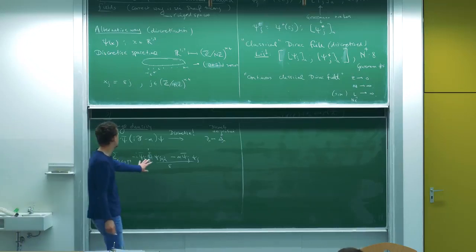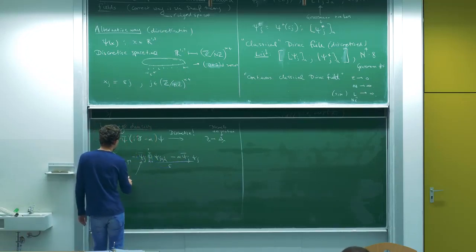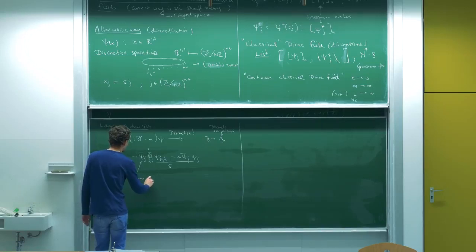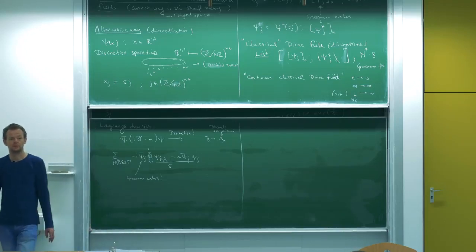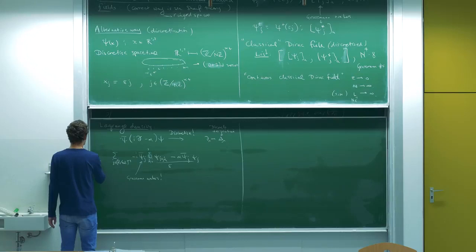Now this is quadratic. Remember now, these are all Grassmann numbers, right? So it's some object, this discretized Lagrange density, that depends on Grassmann numbers in a quadratic way.